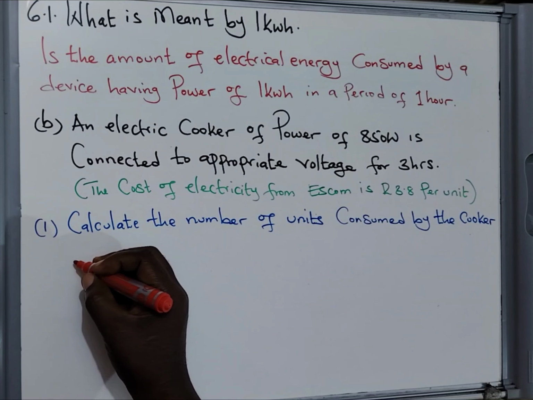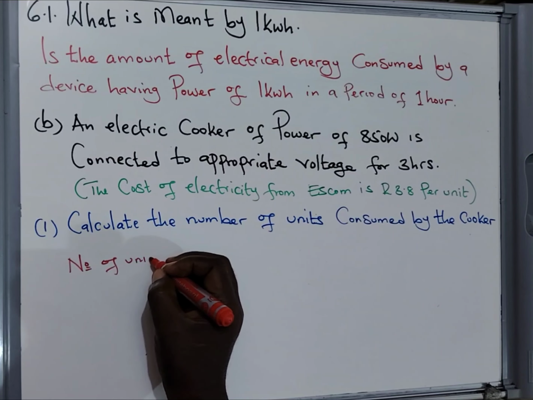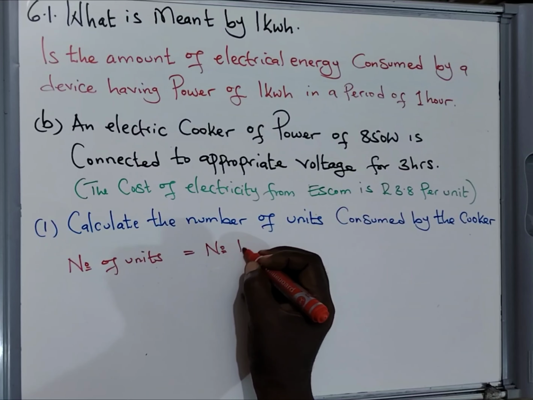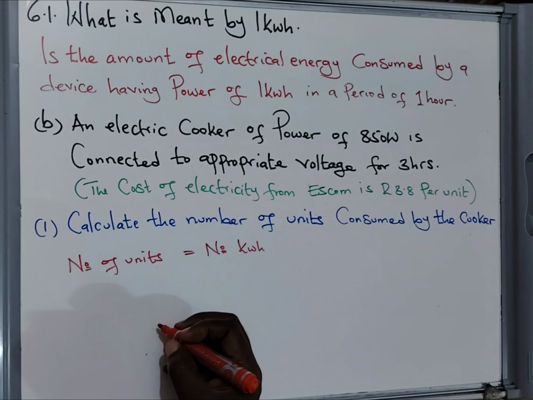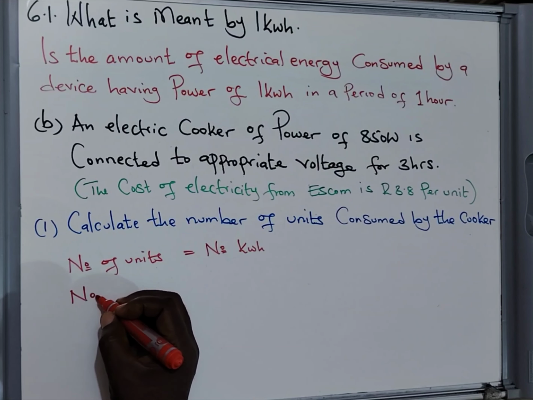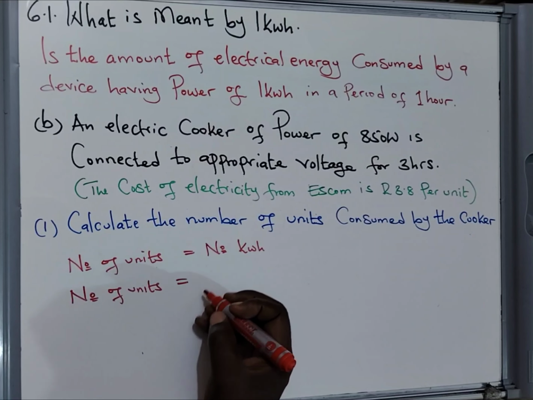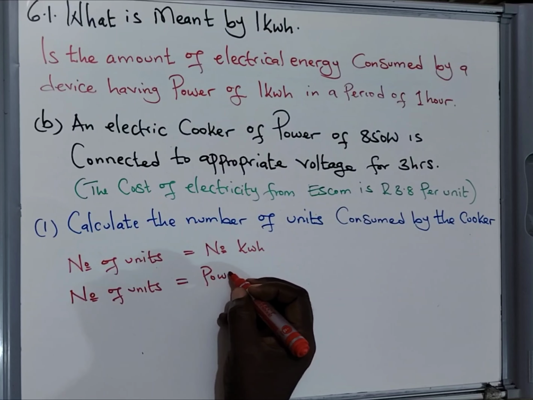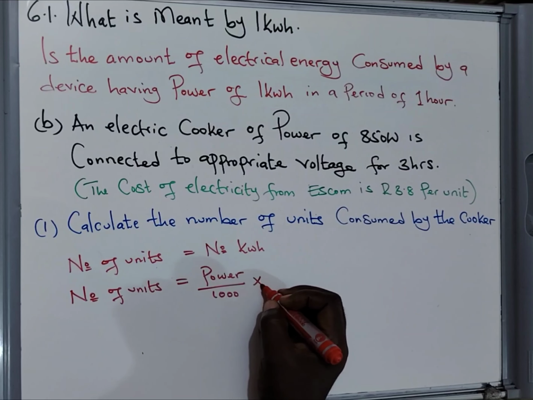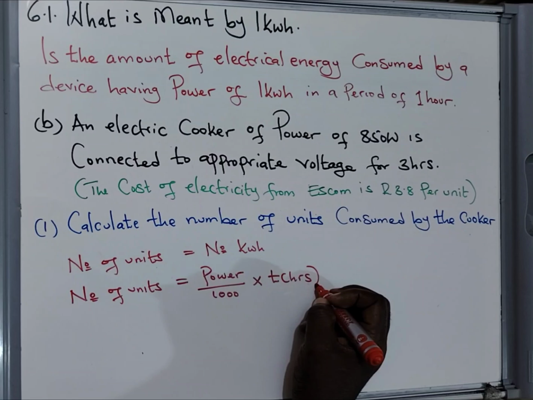You need to know that number of units is equal to number of kilowatt hours. So that gives you this, that number of units is equal to power over 1000 times time in hours.